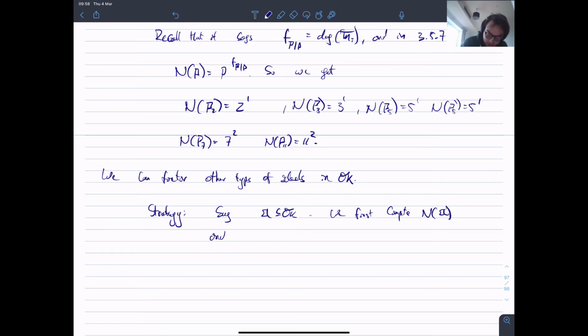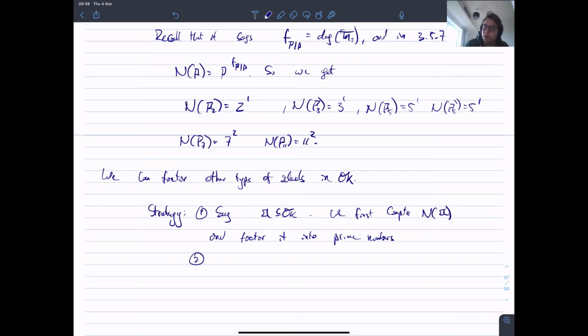and then factor this integer into primes. Just prime numbers, not prime ideals. So that's step 1.